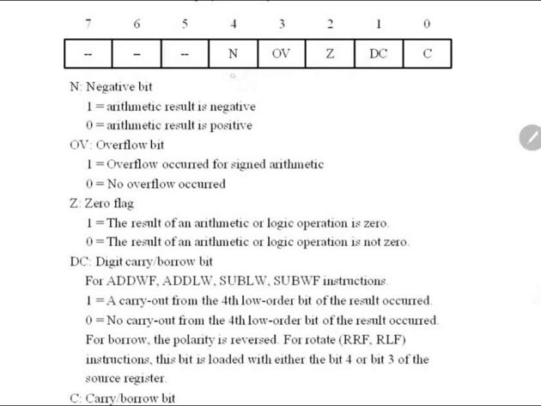N is negative, OV is overflow, Z is zero, DC is digit carry or digit borrow, and C is carry or borrow. So it uses these 5 flags, or indicators, to indicate whether there is overflow or no overflow. That's why it's known as a status register.